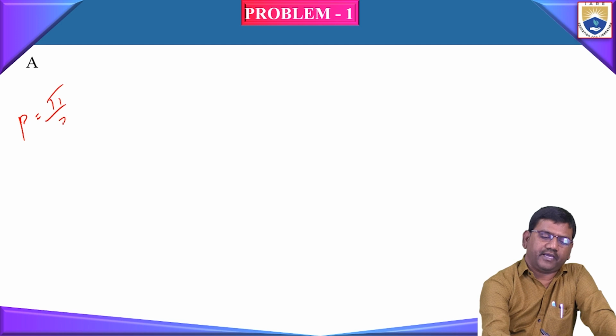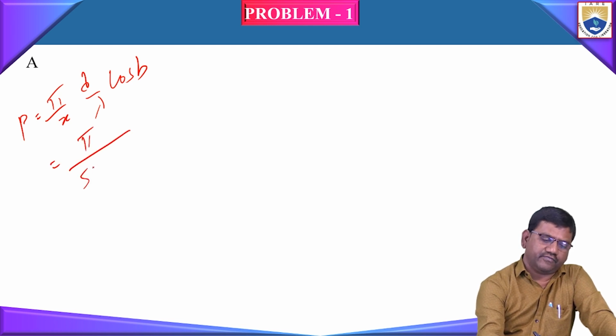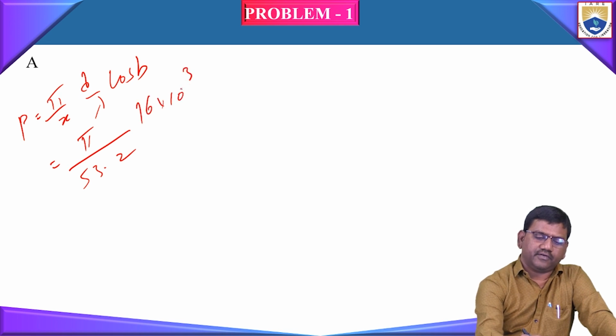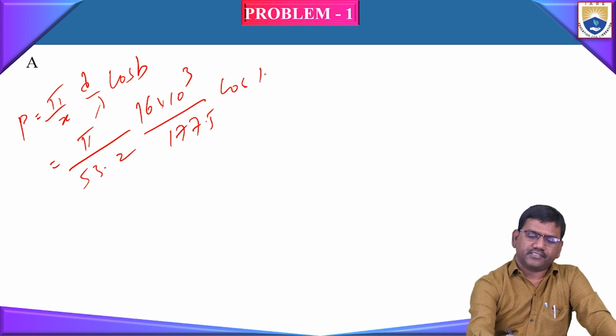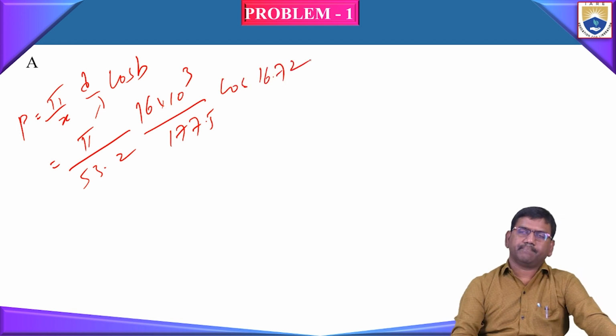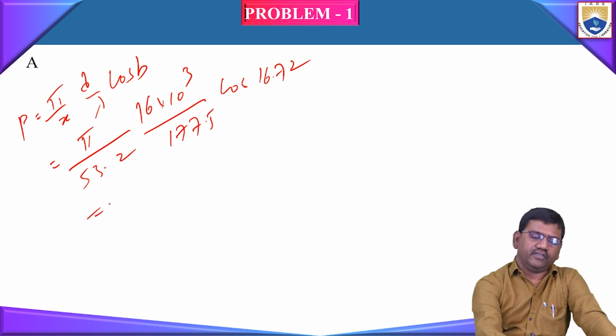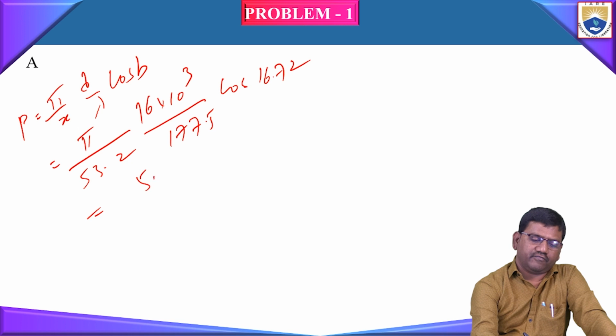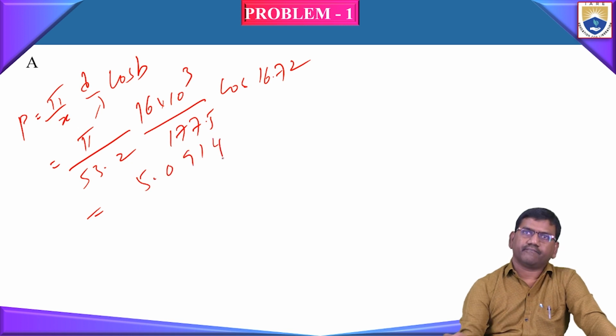P is equal to pi by x, d by lambda, cos b. Here we got the x value as 53.2, the value of d is 16 into 10 power 3, the value of lambda is 177.5, and the value of b is cos 16.72. If we simplify this mathematical expression, you will get 5.0914.